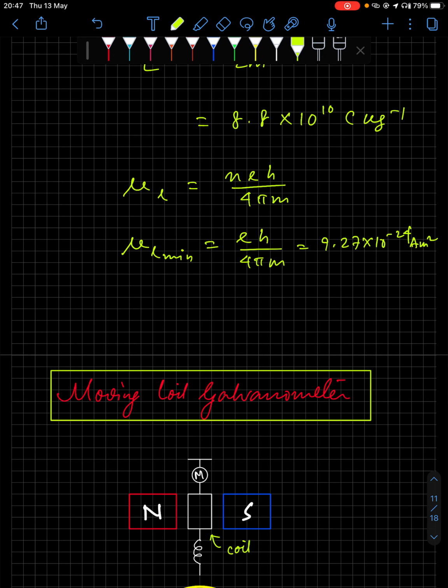So here we call this minimum orbital magnetic moment Bohr magneton, denoted by μB, and the value is 9.27 into 10 to the power minus 24 ampere meter square.